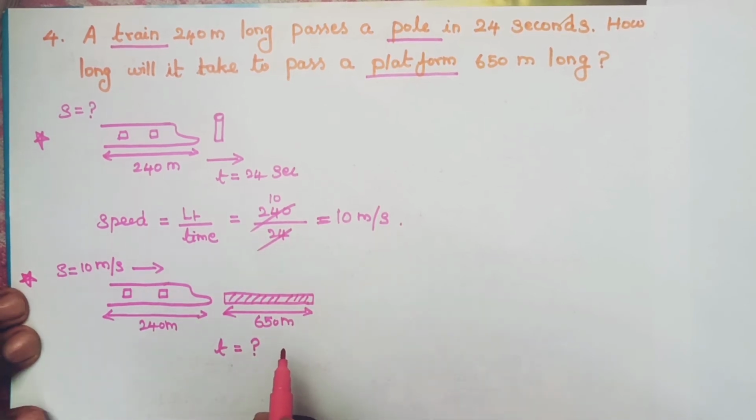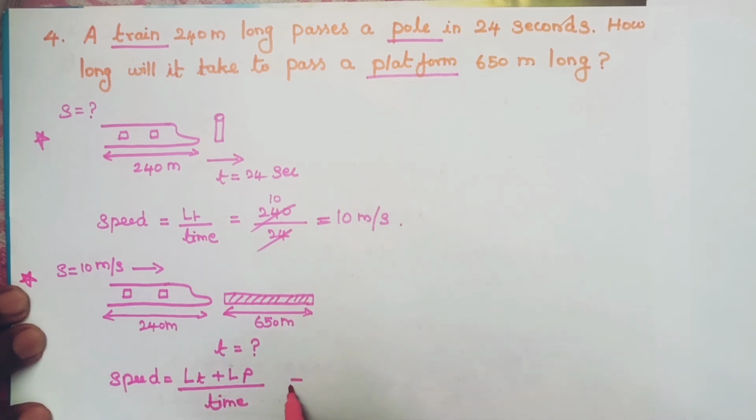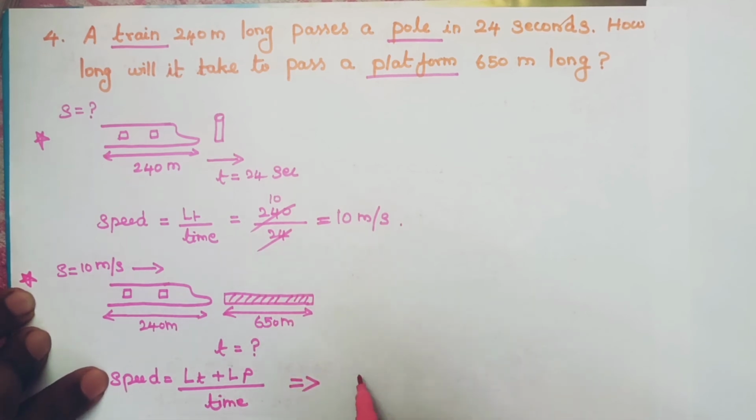What is the formula in line method? Speed equal to distance divided by time. Here the distance is what? Length of the train plus length of the platform divided by time, right? Just apply all the values into the formula. Speed is what? 10 meter per second.